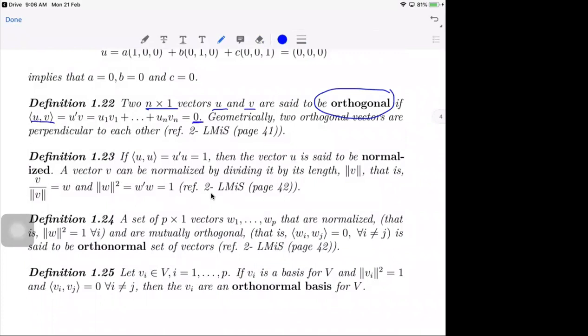Geometrically, two orthogonal vectors are perpendicular to each other. So if this is vector u, and this is v, and it forms a right angle, then these two vectors are orthogonal.